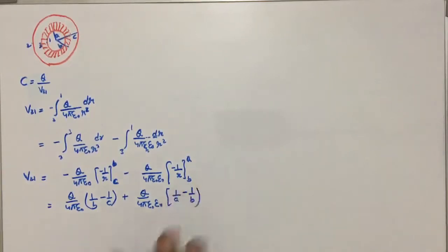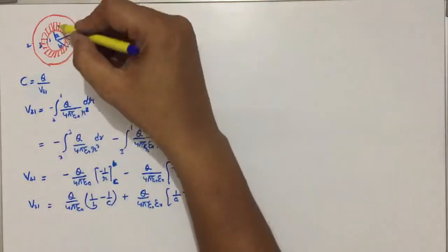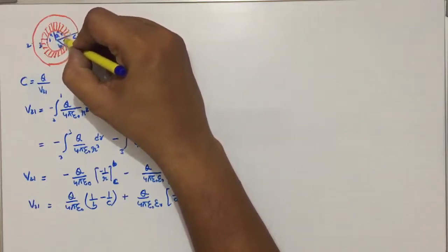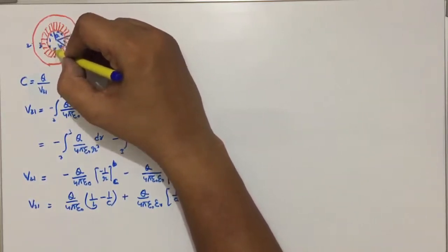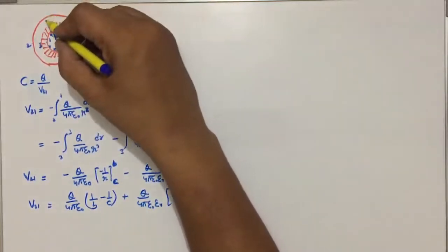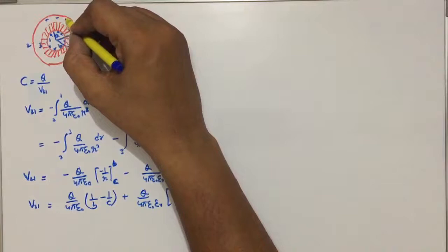So this is the potential difference between the inner and outer surface. Inner we have positive charge. It is just the previous case with another dielectric material, that's why I have not shown all the possibilities.